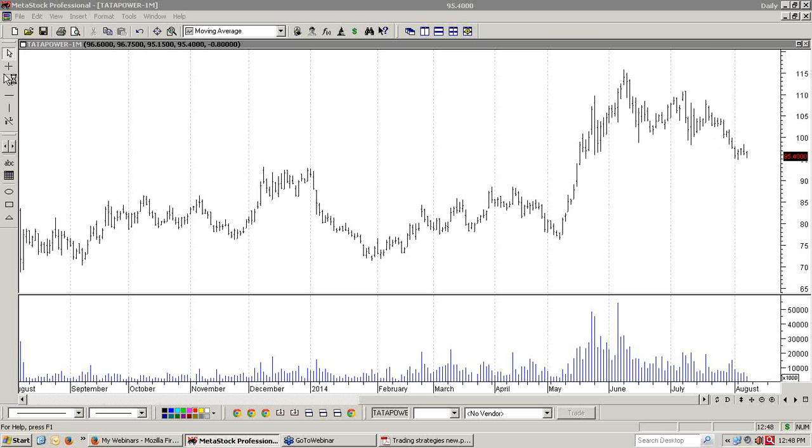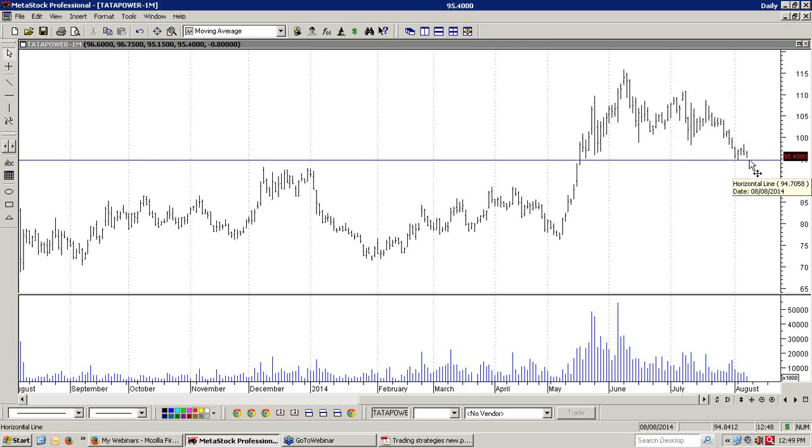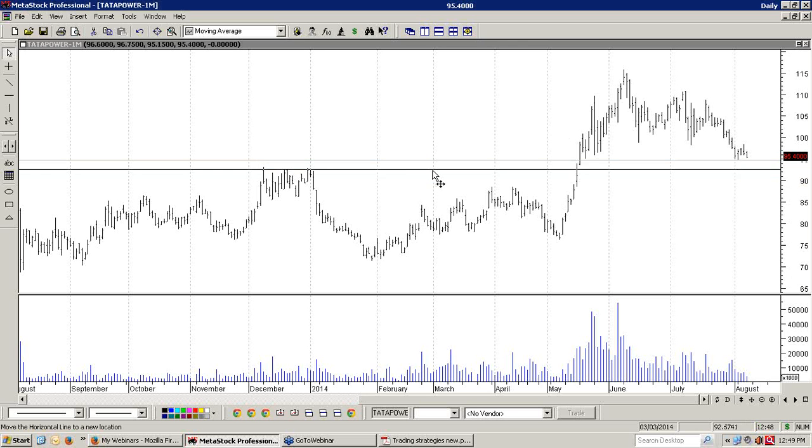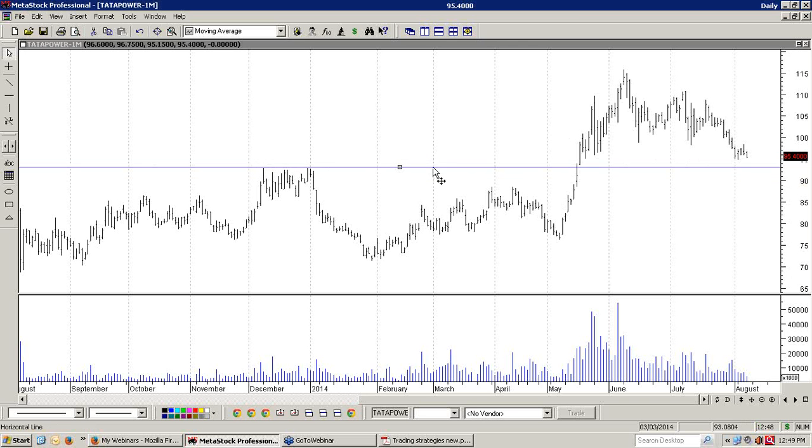It is standing at a very mini support point of the stock. If we take this as the support point, the next support for this stock is around 93. Currently it is at 95. We should sell if it breaks 93, because it will be drastically falling to 80, 85 levels.